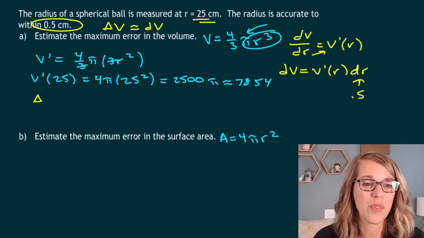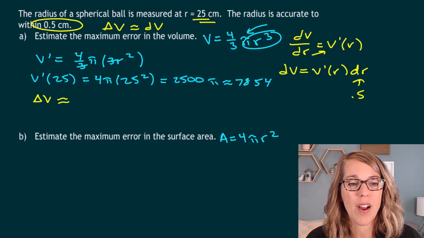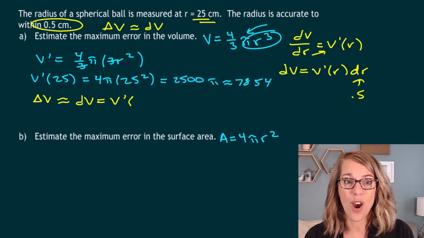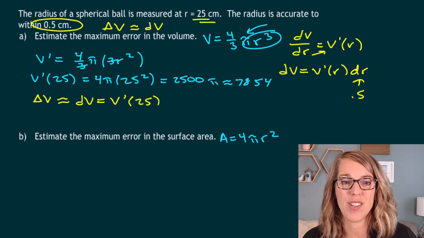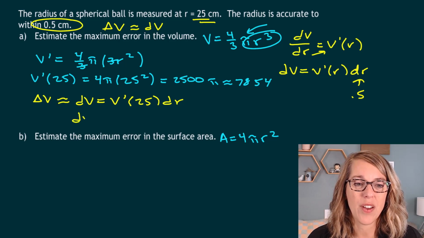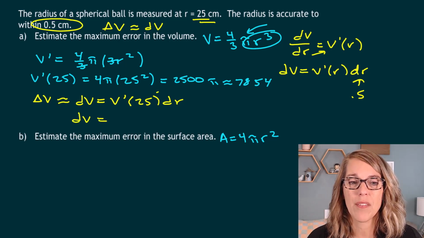So I know that the actual change or the actual error in the volume can be approximated by dV, which is equal to V prime of our r, which is 25. Everything's in centimeters, so I'm not worried about my units. Times dr. Putting in the values that I know, I've got dV is equal to V prime of 25, these two values.